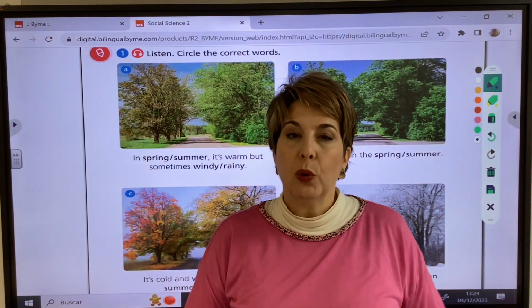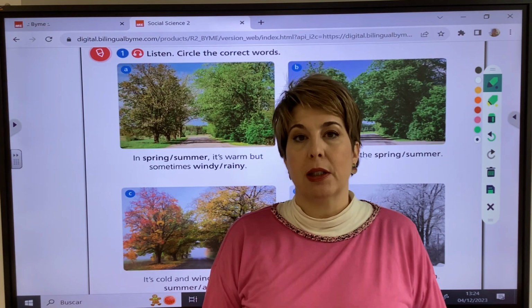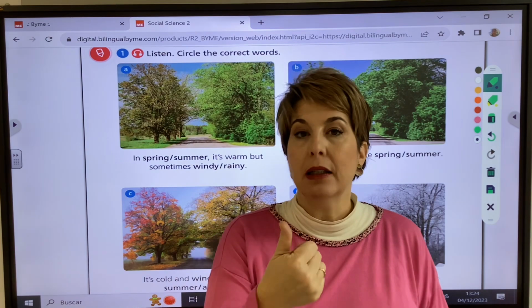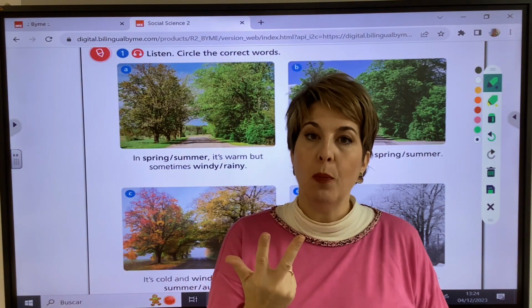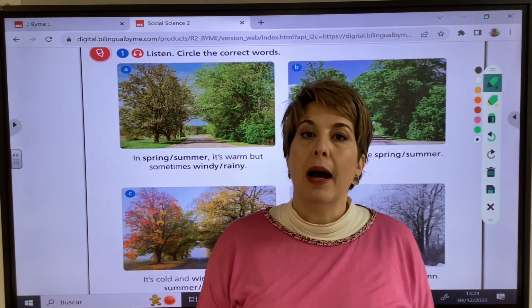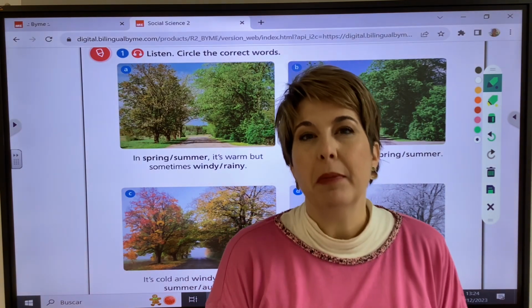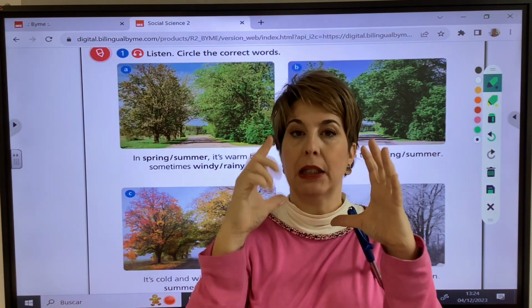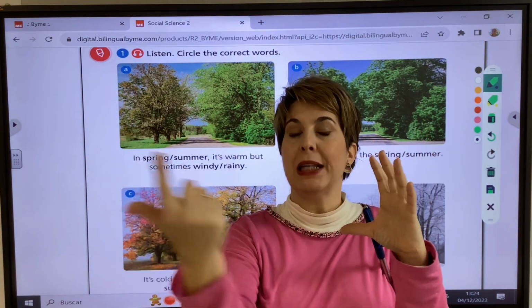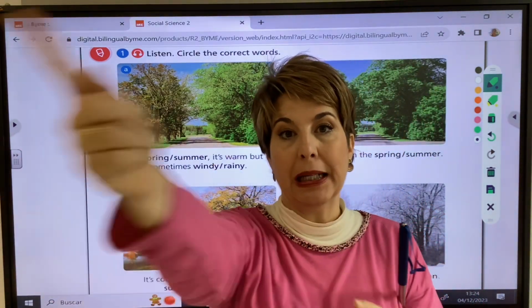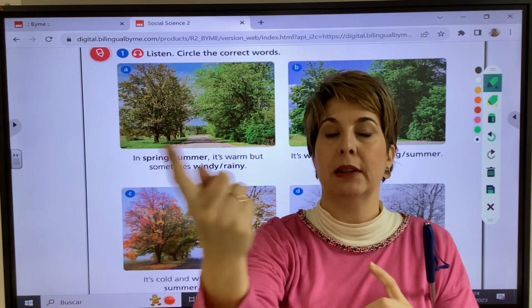Now we are going to talk about the seasons. There are 4 seasons in a year: spring, summer, autumn, or fall. You can say autumn or you can say fall, and winter. Remember that last year we studied that our planet rotates and also orbits around the sun.